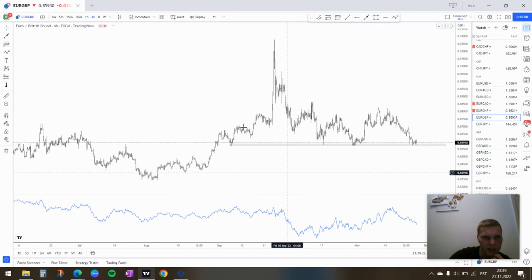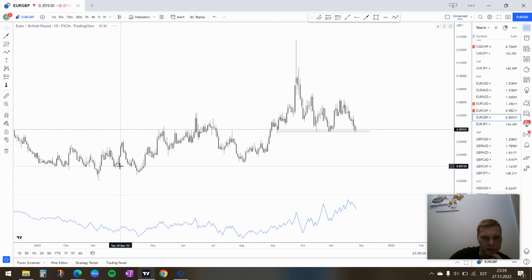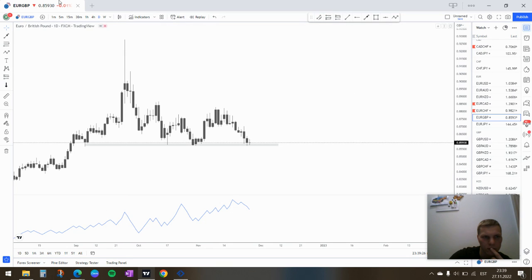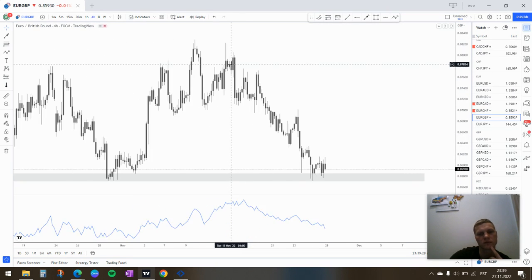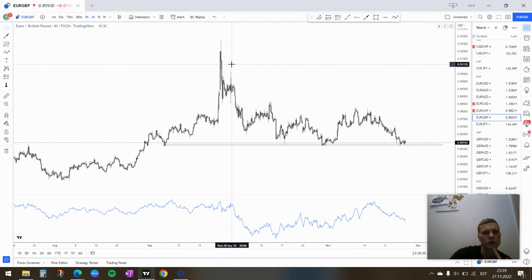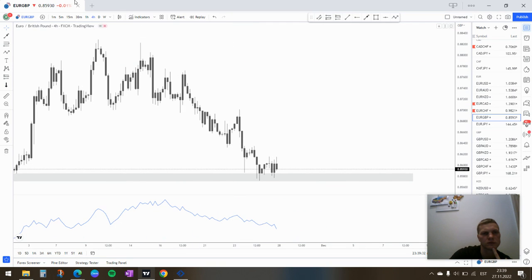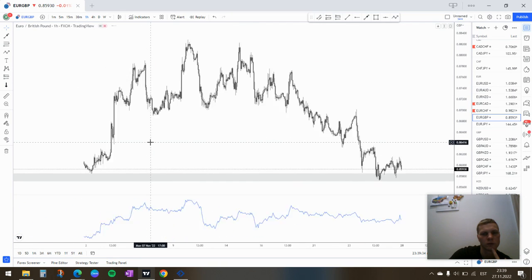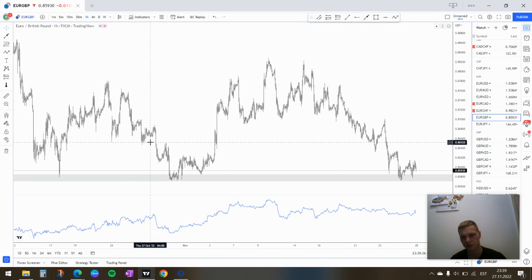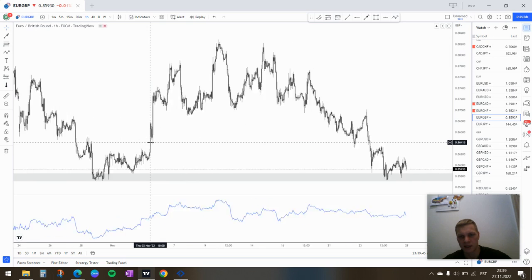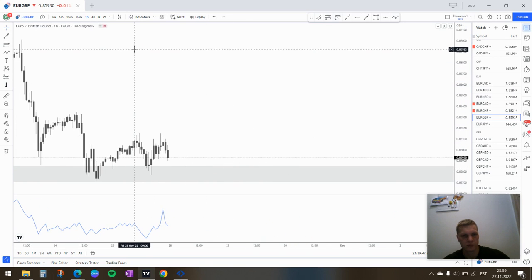Euro GBP is at a daily zone. Will it bounce once again? Who knows? We'll be looking for a divergence and wicks and W's and stuff like that, and if it comes to be, I'll take a buy.